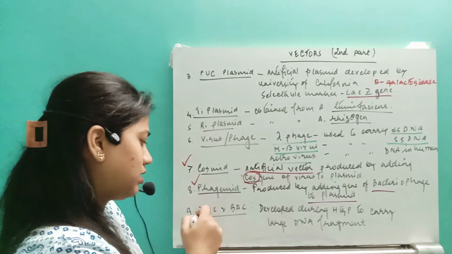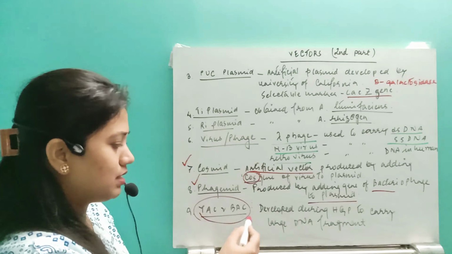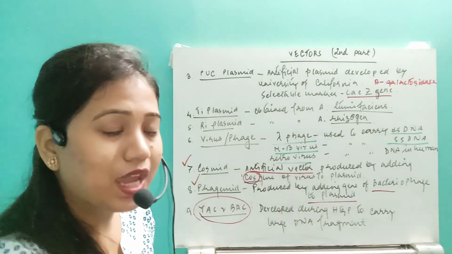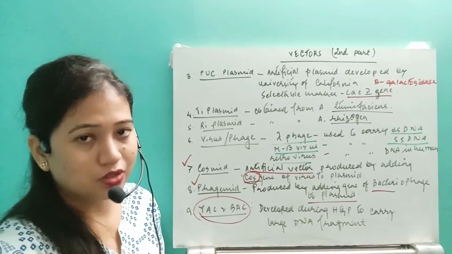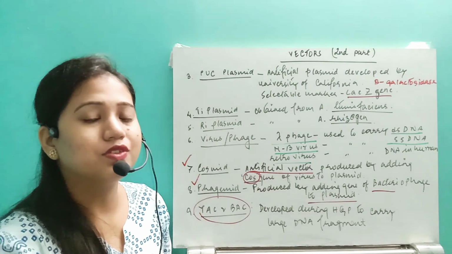The next ones are two types, number 9 and 10, YAC and BAC. YAC stands for yeast artificial chromosome and BAC stands for bacterial artificial chromosome.